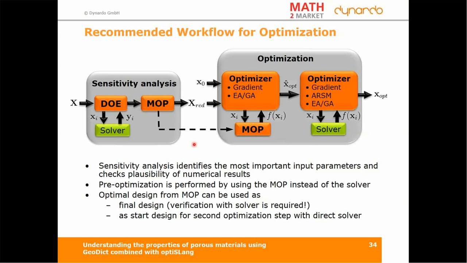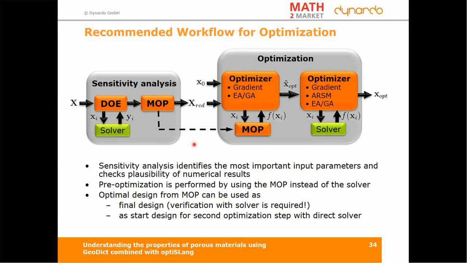First of all, we have done sensitivity analysis to identify the important parameters and to create the surrogate model, which will be used as a replacement for the solver call within the next step. So we will start with the optimizer, and the optimizer will try to find a suggestion for a good parameter set, and then we have to validate this final design which the optimizers have found on the surrogate model.